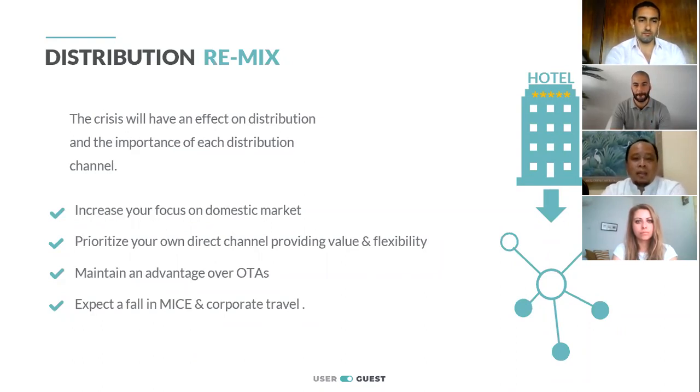If you have an equal rate between the website and the OTA, for sure, most likely they will book through the OTA. The reason is simple. The OTA offers them loyalty, not only points, but also pricing.